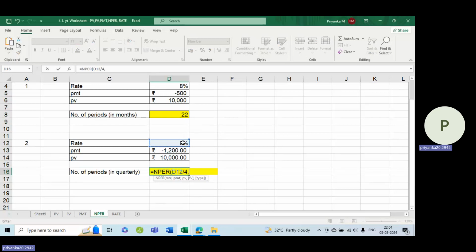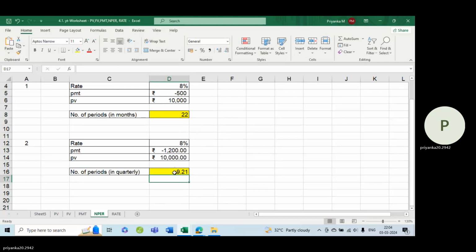Payment is going to be this cell, and then my present value is going to be this cell. Just close your bracket, and give enter. So it will be taking 9 quarters to repay the amount.